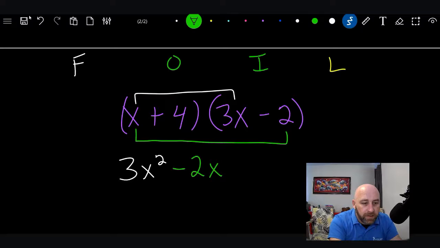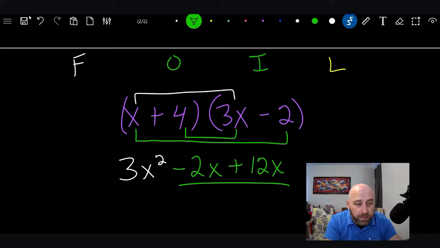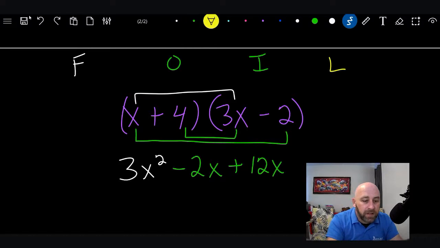Okay. The inners, 4 times 3x is going to give us a positive 12x. See, look, we got those things. They're the same term again. You're going to see that a lot. And then the last one is going to be the lasts. Whoop, almost went past that one. There we go.